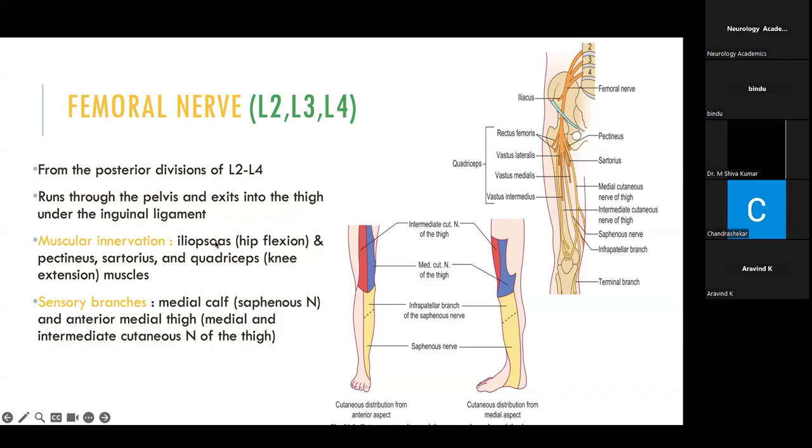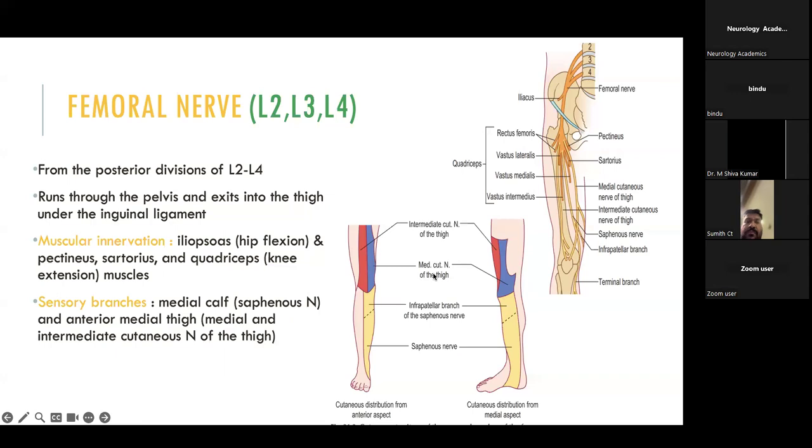The iliopsoas is also supplied before exiting from the pelvis, before crossing the inguinal ligament. The iliopsoas muscle mainly acts on hip flexion and the other anterior group of muscles on knee extension.